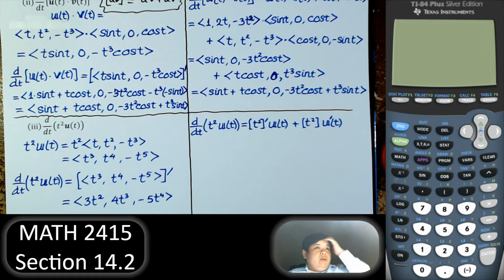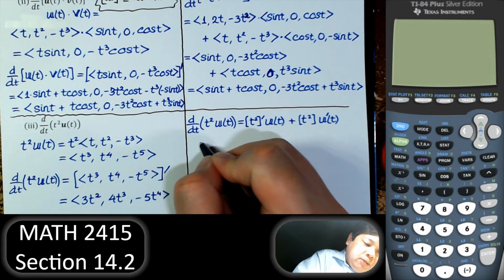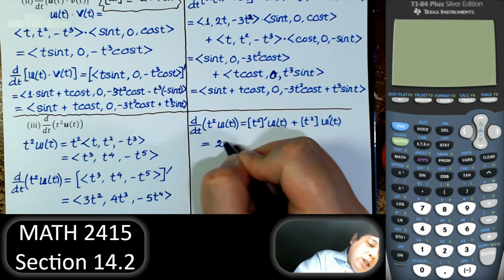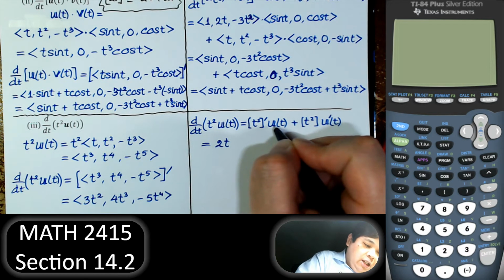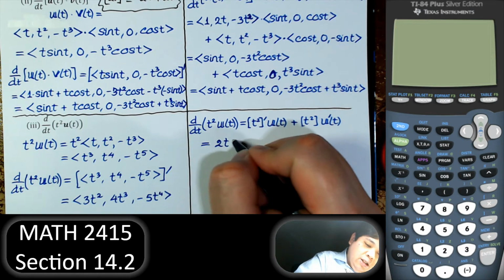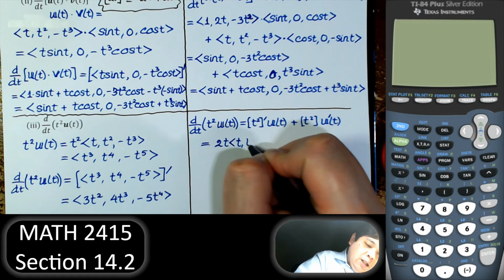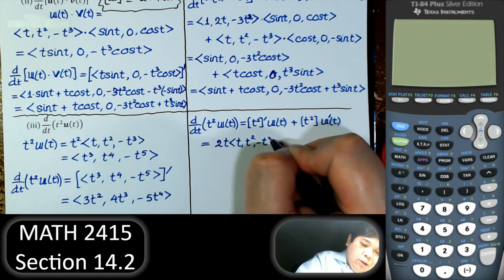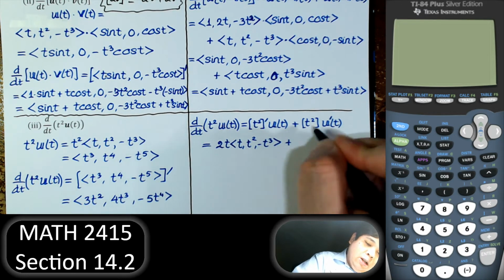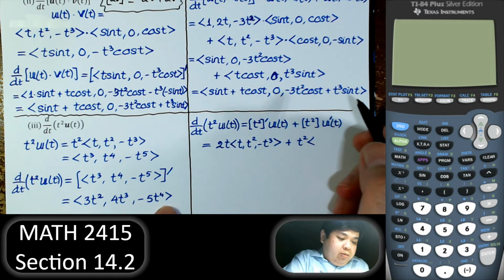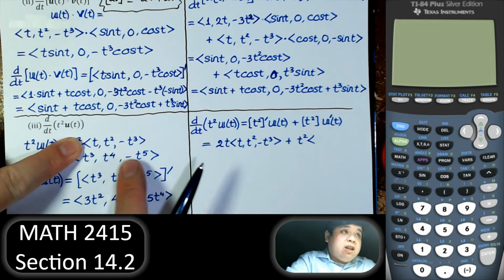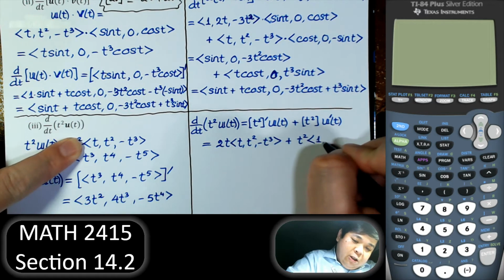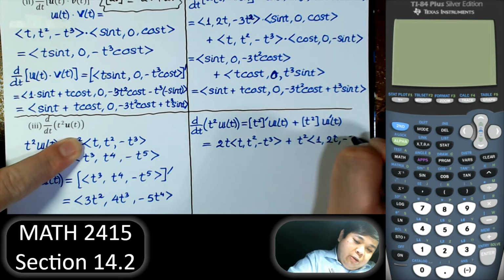So it is the product rule, but in the scalar product form. Derivative of t squared is 2t, and then u of t is this, t, t squared, negative t cubed, then plus t squared times the derivative of u, which is 1, 2t, negative 3t squared.